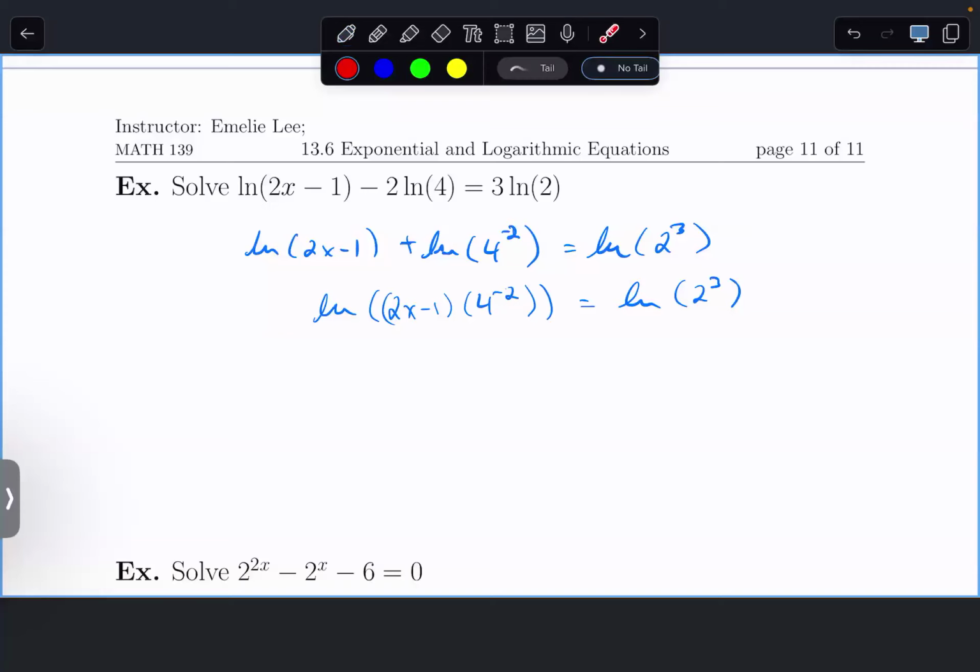So now I can take e to the power of both sides. So I get e to the natural log of 2x minus 1, and I'll just keep it as times 4 to the negative 2 for a little bit longer, is e to the natural log of 2 to the 3, or 8 if you prefer.